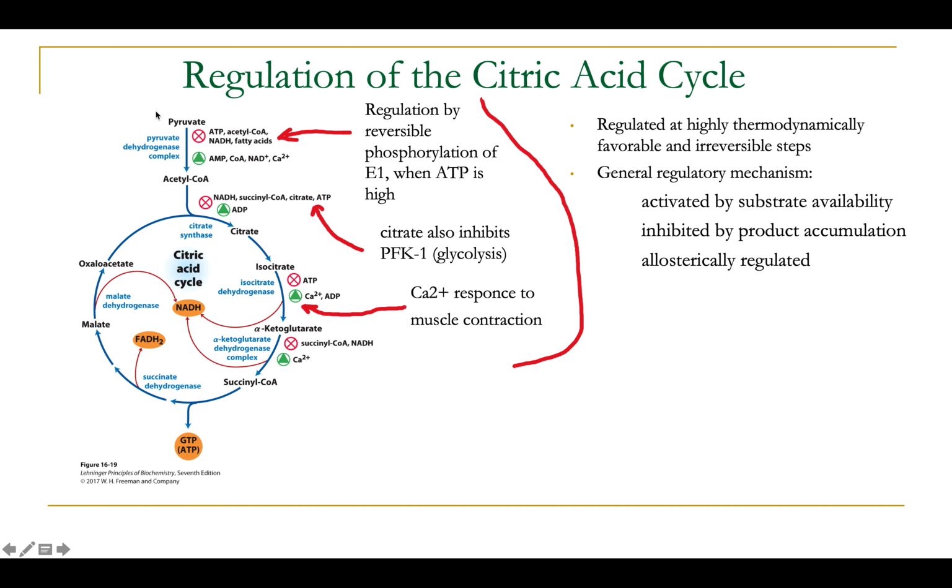Similar to glycolysis and gluconeogenesis, the steps used to regulate the flux through the citric acid cycle are the ones that are highly exergonic at cellular conditions, and this is easy to understand.